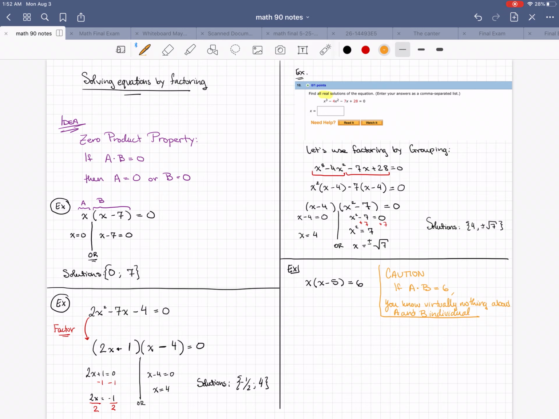So in particular, if A times B is equal to 6, that does not mean that A has to be 6 or B has to be 6. It frankly doesn't mean anything about A or B on their own. Together they multiply to 6, but individually we've basically said nothing.